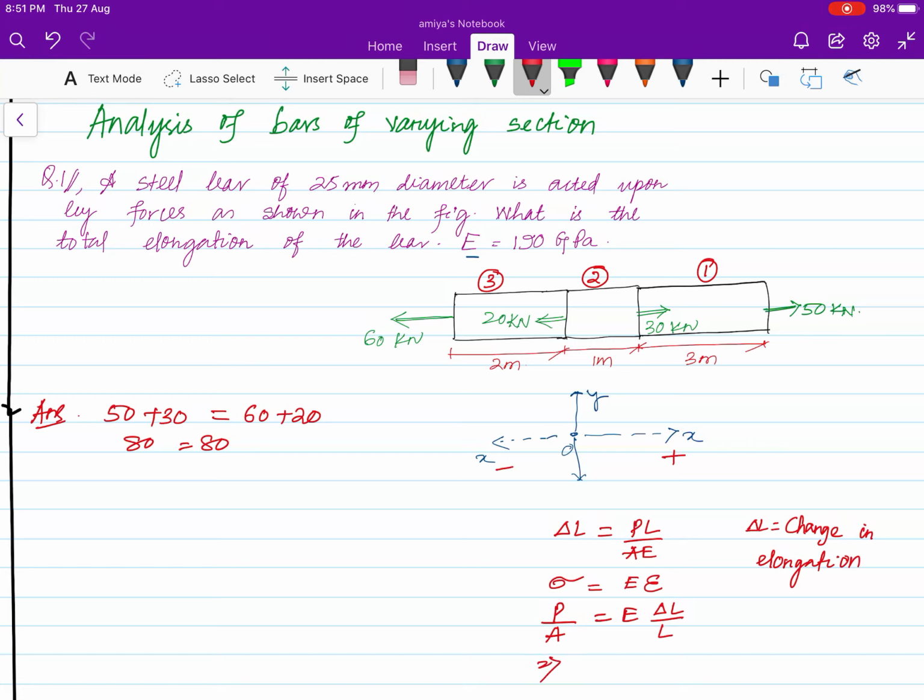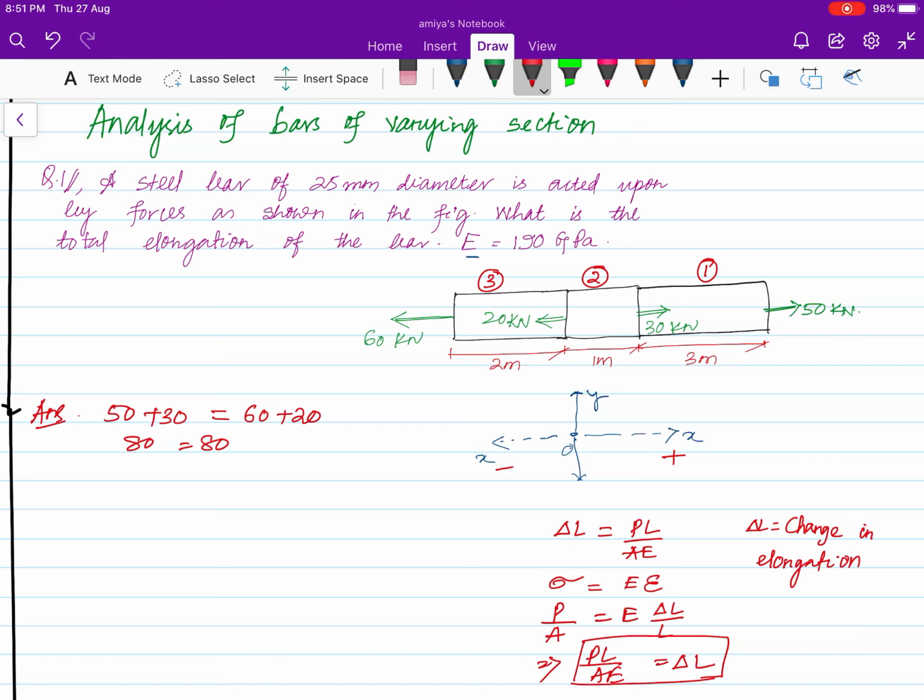So it becomes PL divided by A into E is equal to del L. We will use this formula in this problem to find the total elongation.